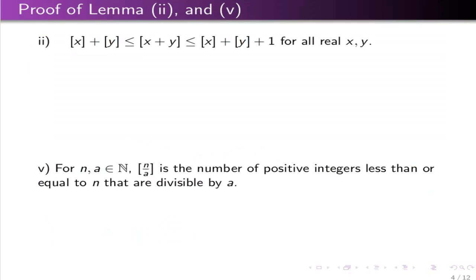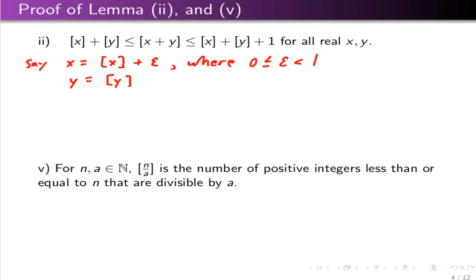Okay, so the triangle inequality. So what's going on here? Well, x and y are arbitrary real numbers. So let's say x is its integer part plus a little epsilon, where epsilon is between 0 and 1, and y is its integer part plus a delta.